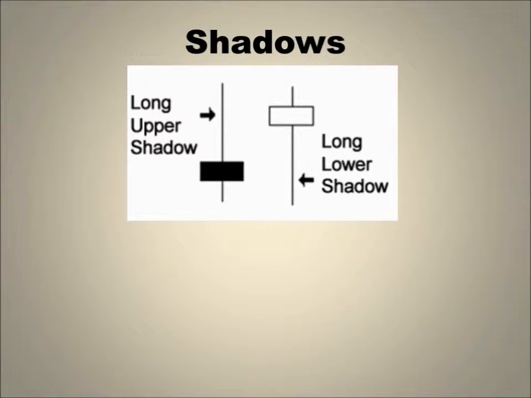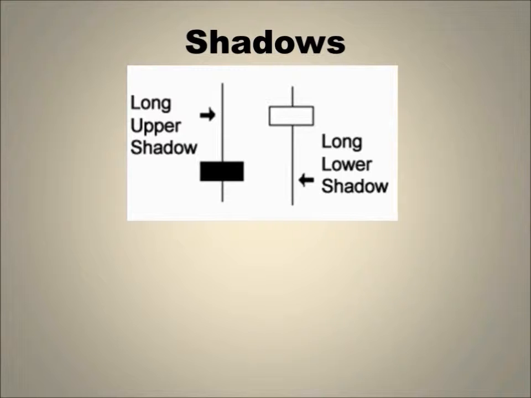However, the bulls did show enough resilience to keep the prices up. So that's why we have the shadow on the bottom of the body. But as we can see, the sellers took control of the market.